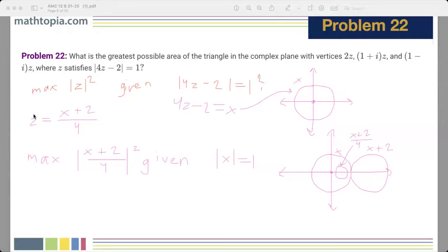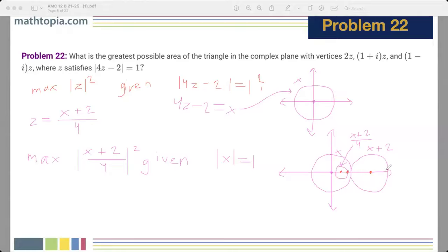So you can see visually here that this circle is still, of course, centered on the x-axis, right? All of the operations we did, adding 2, dividing by 4, those were real number operations. So the center of the circle is still going to be on the real axis. Therefore, we can see that the furthest point from the origin is just going to be this point here on the far right end of the circle.